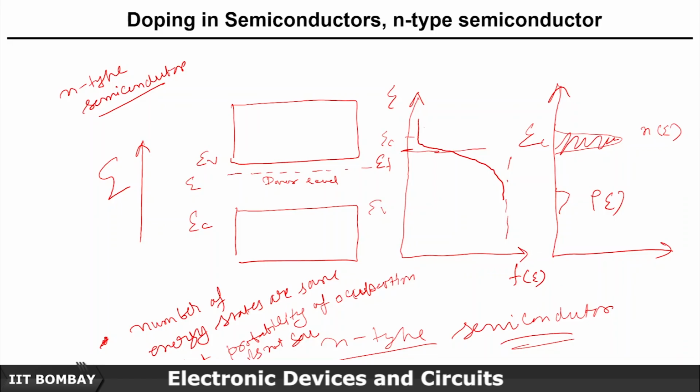So you can say it is fairly up in the case of n-type semiconductors, and this region is significantly larger than this small region here in the valence band.